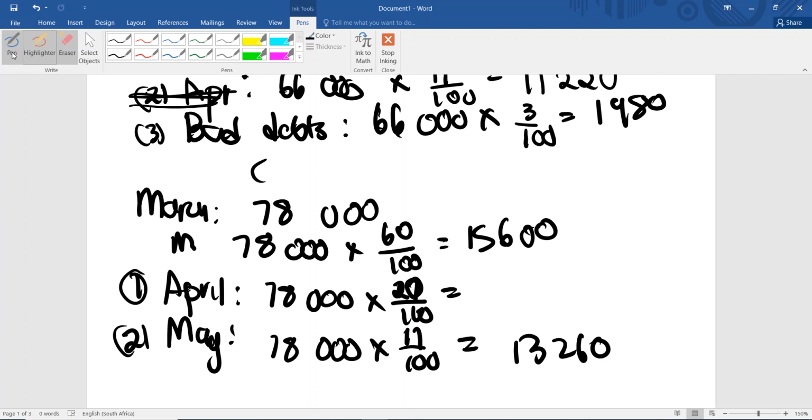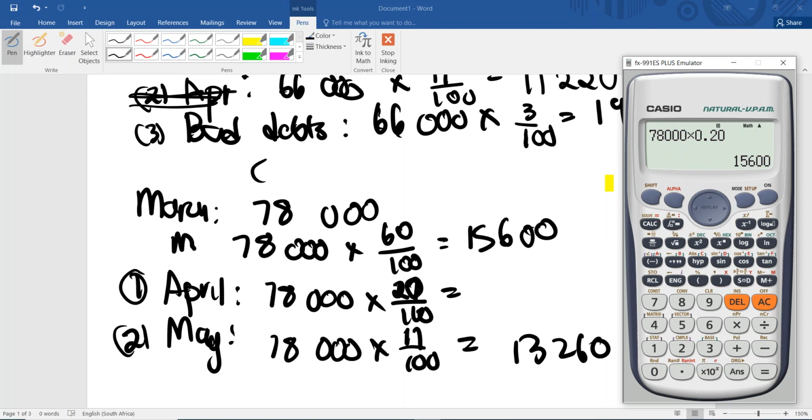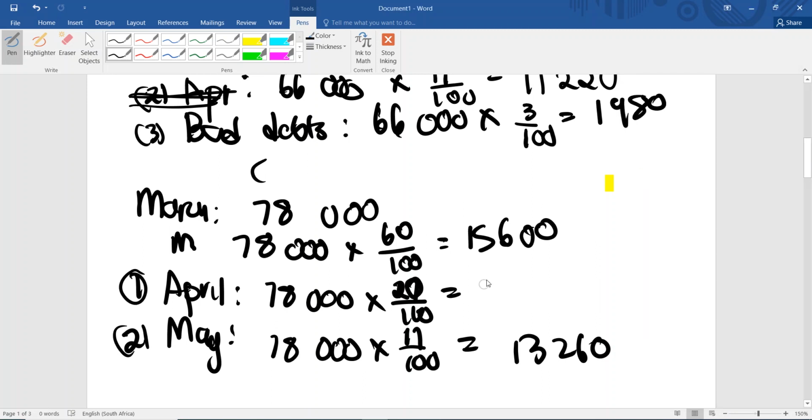Okay, let me just select a pen, no highlight. So here, when we get the 20%, that's 15,600. Let's just correct the 60% part here, because it's supposed to be 60 over 100 in the same month.